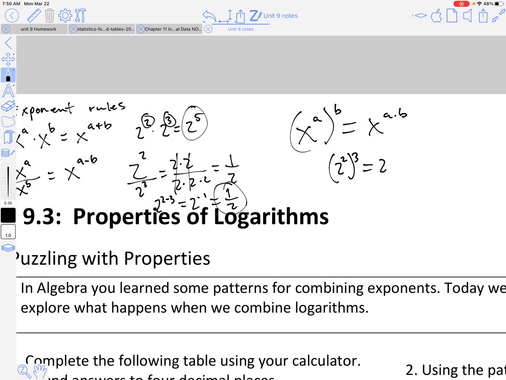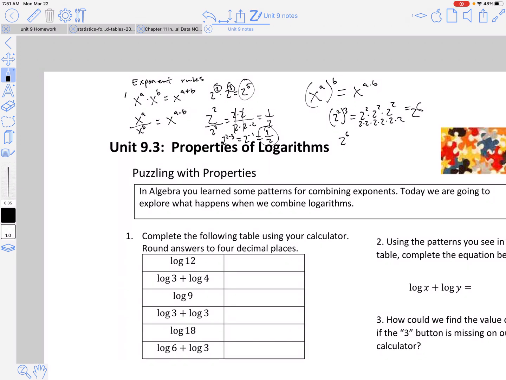That'll be 2 squared times 2 squared times 2 squared, which is 2 times 2 times 2 times 2 times 2 times 2, 1, 2, 3, 4, 5, 6. Using that rule, we can just do 2 to the 6th. So those are the exponent rules that we're going to talk about.